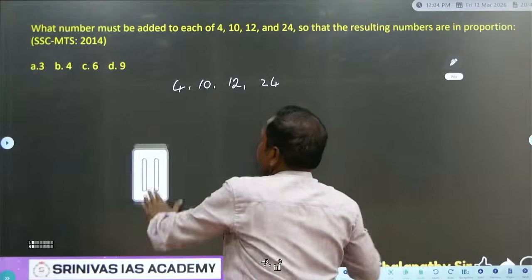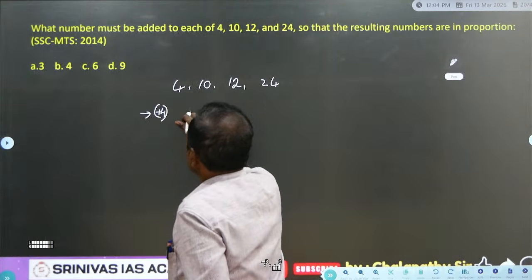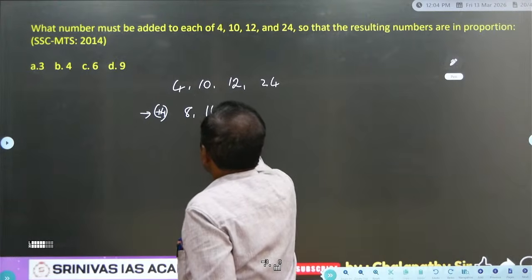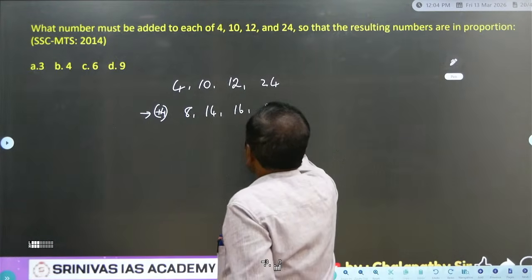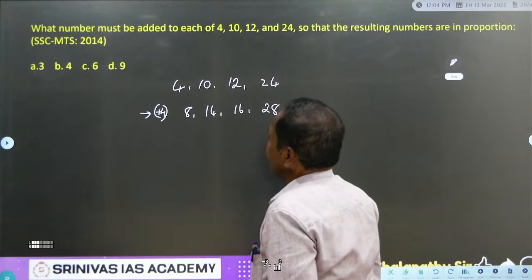Why could I not do it with 4? Take 4, then this is 8, this is 14, 16, 28. How is it possible?